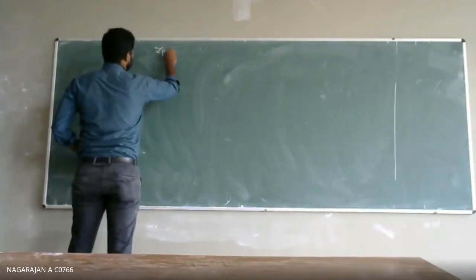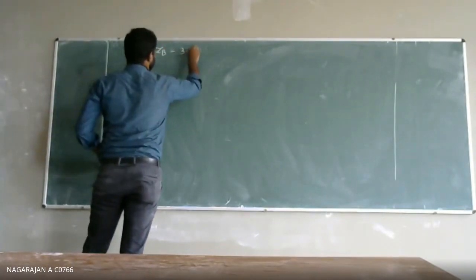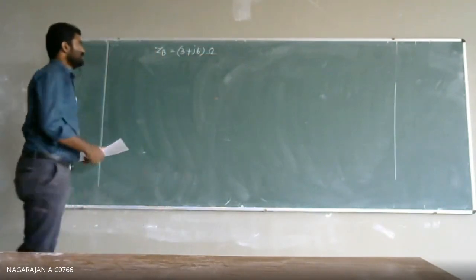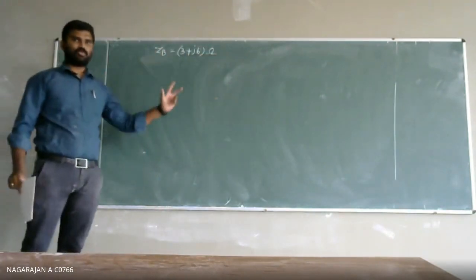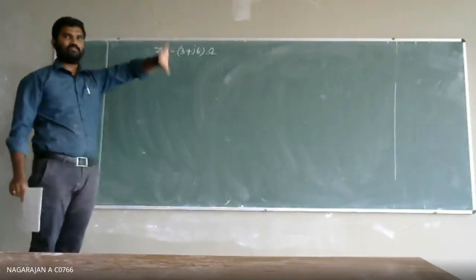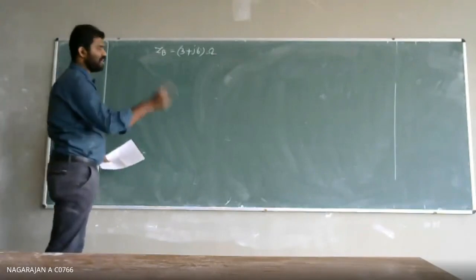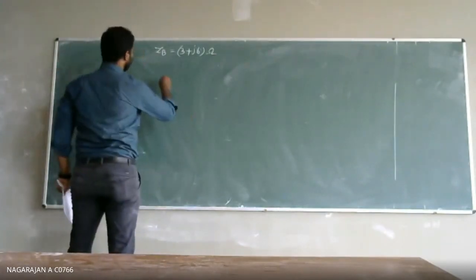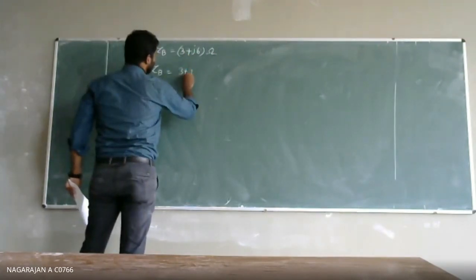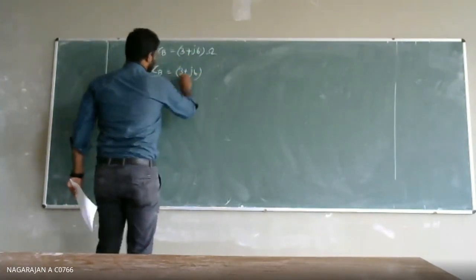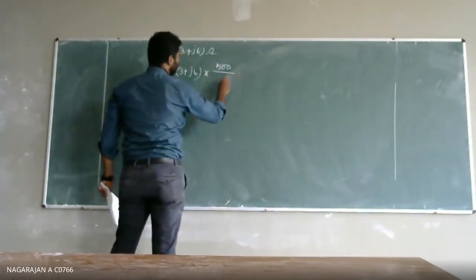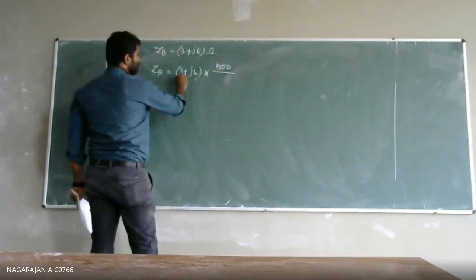ZB is given as 3 plus j6 ohms. Since the power ratings of the two transformers are different, you need to convert this value with respect to 500 kVA. So keeping 500 as the base value, ZB is equal to this value, multiplied by the base value we have taken, 500, divided by the actual rating of this transformer.